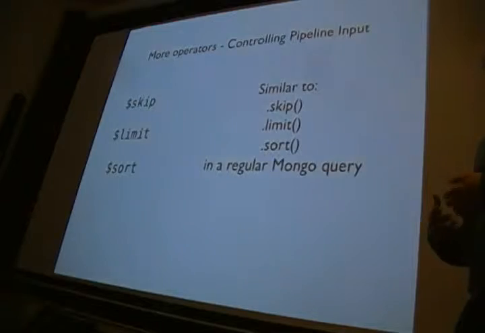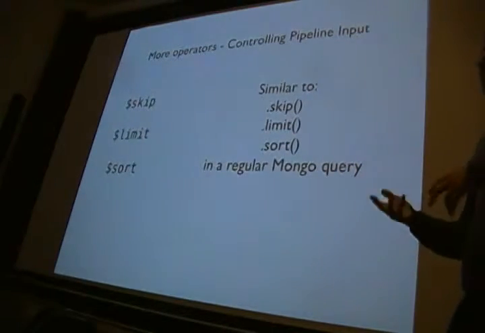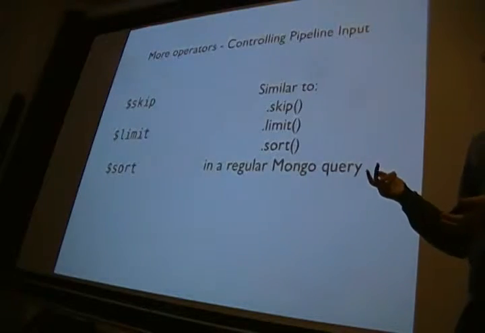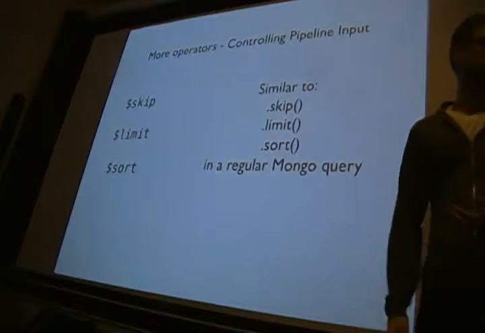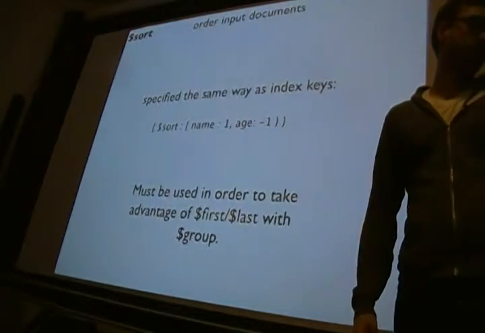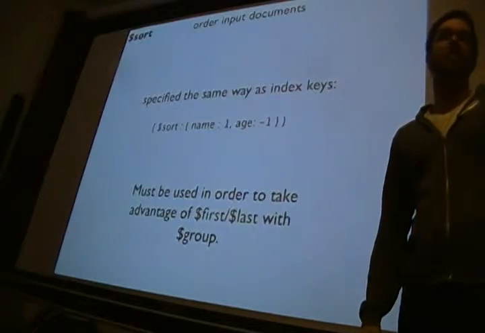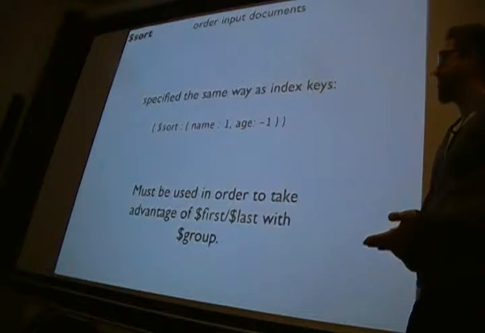So if you wanted to keep all of your data in the pipeline sorted by date, or sorted by name, or whatever field you want, you can use .sort. Same thing applies to $sort in the pipeline operators. So the way you specify these operators is the same way that you construct an index key in Mongo.